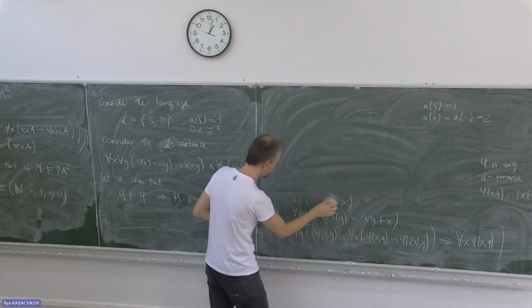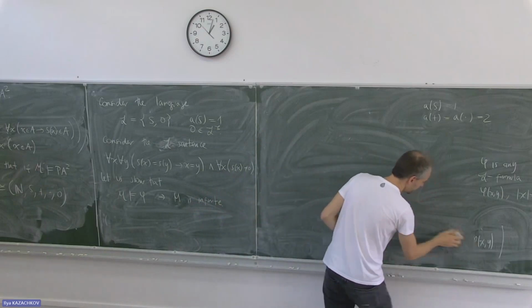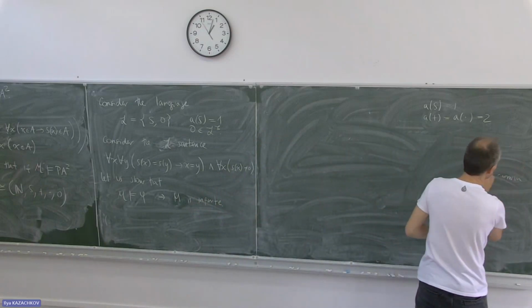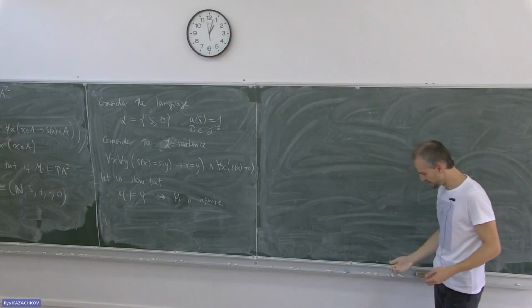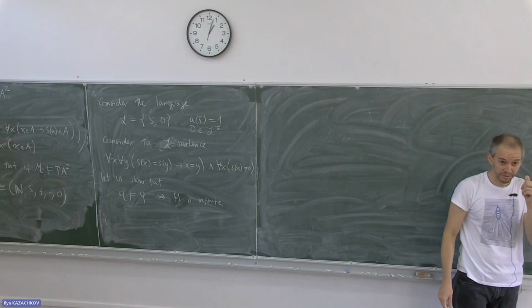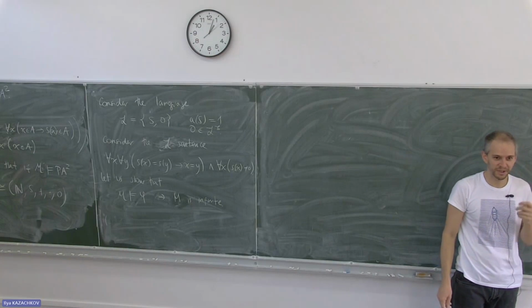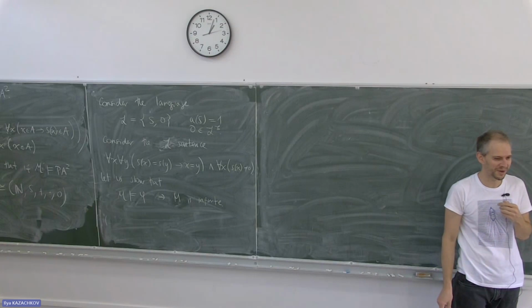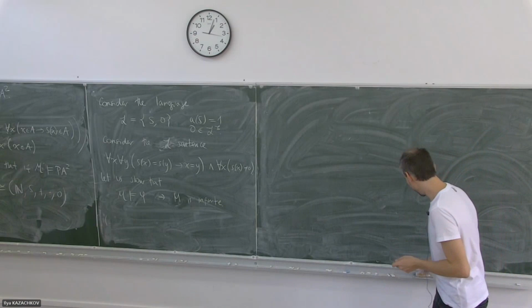For example, ordinal addition is not commutative. So this is not going to be a model, right? It is not true that omega plus 1 is the same as 1 plus omega, right? Okay.